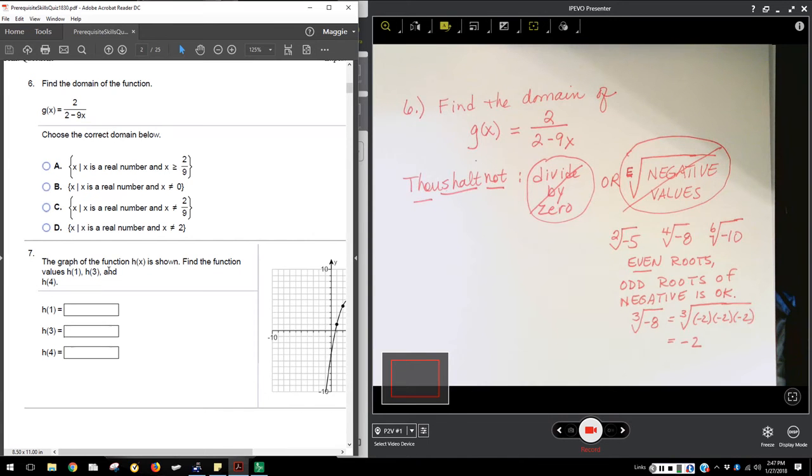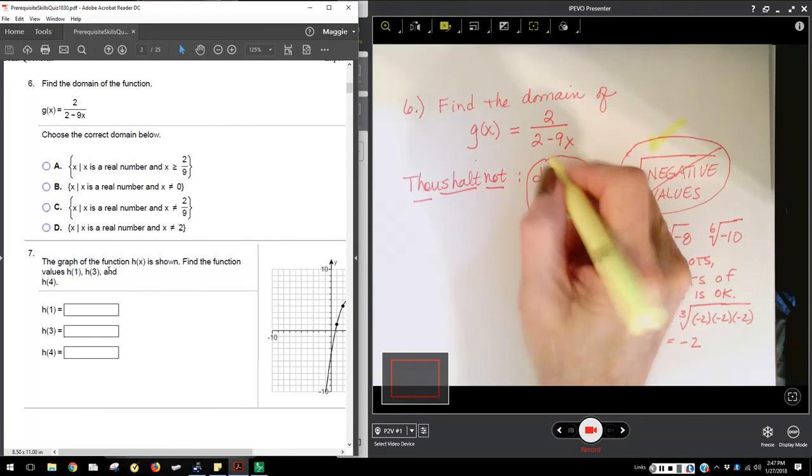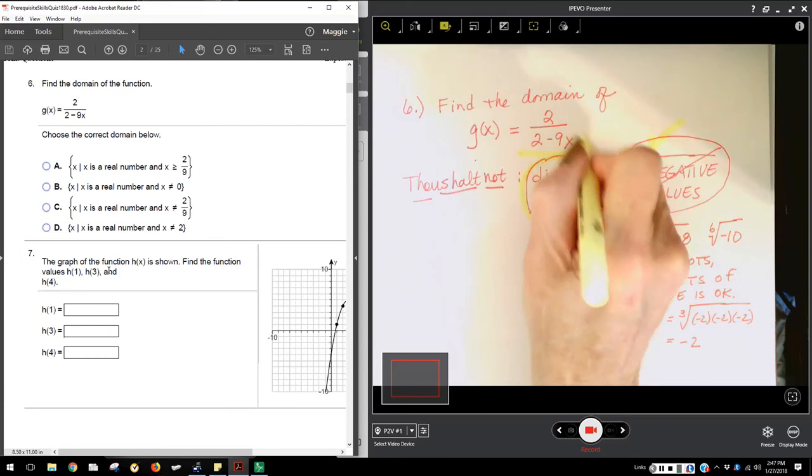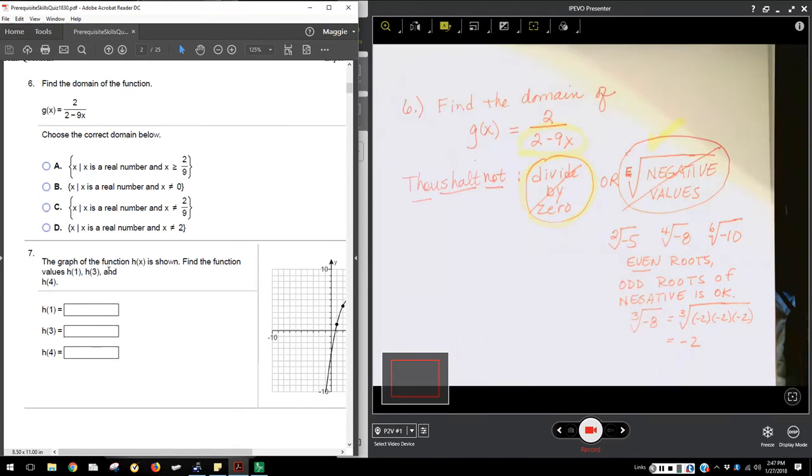So we're wanting to find the domain in this case. Now, since we don't see any radicals, we don't have any worries about that. But we do have this concern because this is dividing into the 2. And we have to be careful about that because whatever 2 minus 9x is, it is not allowed to be negative. I'm sorry, it's not allowed to be 0.